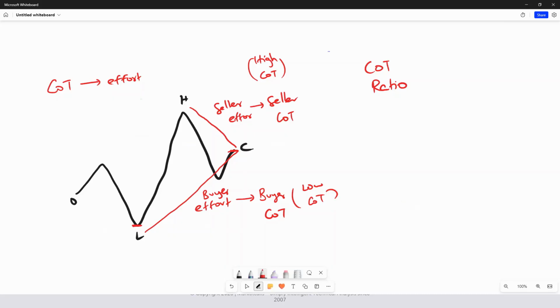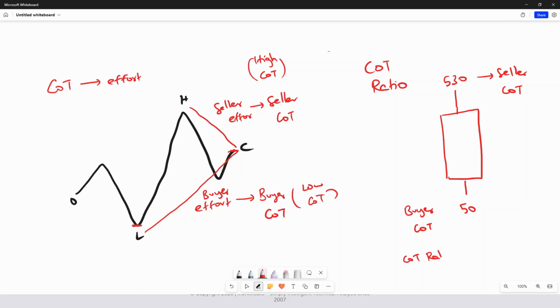So let's take a candle. Imagine the same candle has a COT ratio. At the bottom we have 50, and then we have 530. This is the buyer COT, 50, and this is the seller COT, 530. So we have the COT ratio over here.